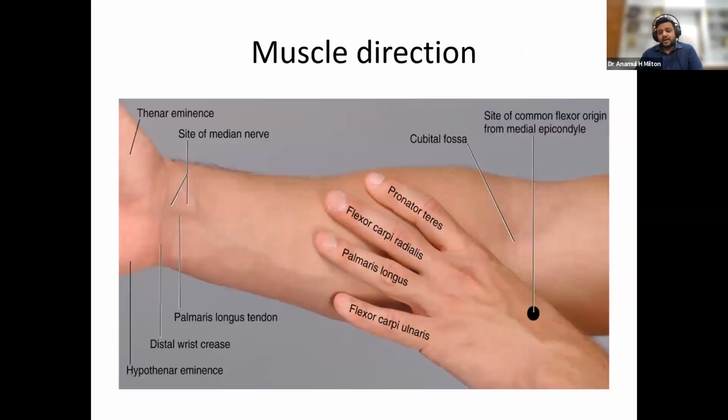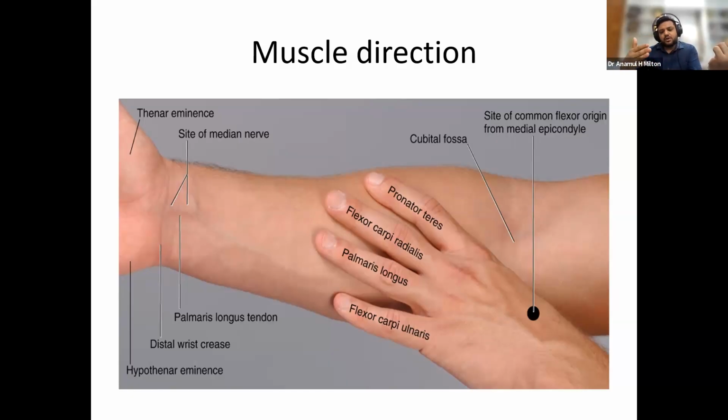Okay, so here it is shown how the muscles are affected. Sir has already shown how your ultrasound probe can show the common flexor muscles. The distal ultrasound part is towards the thumb.